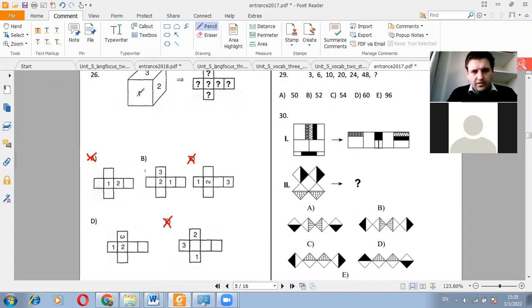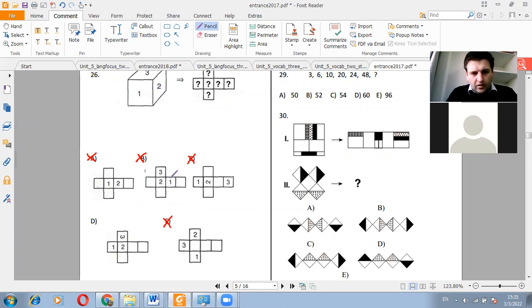So whether it's B or D, we can conclude: if 1 is the front side, number 2 is the rear side, and 3 is the top side, we can definitely say it's not B, because if 2 is the front, then 1 would be on the right, which is the opposite case here.